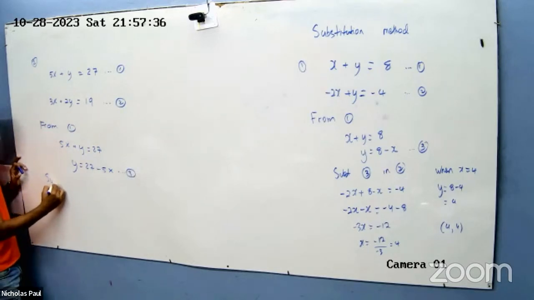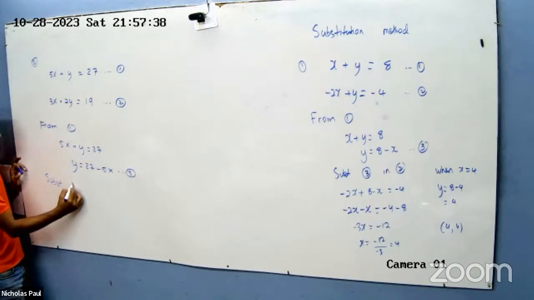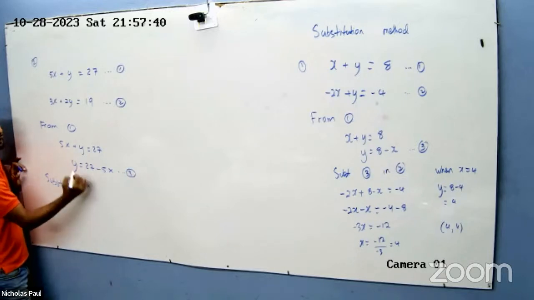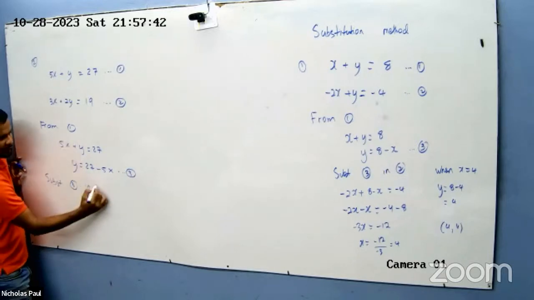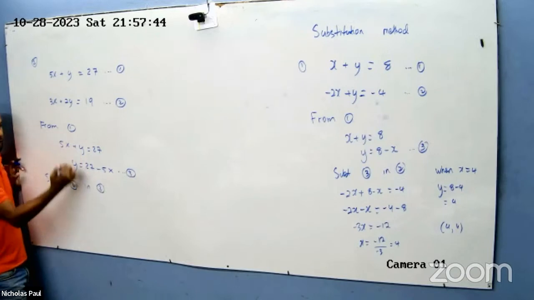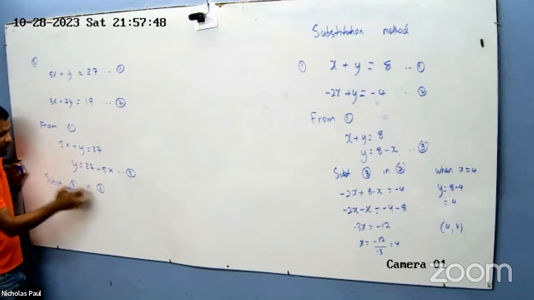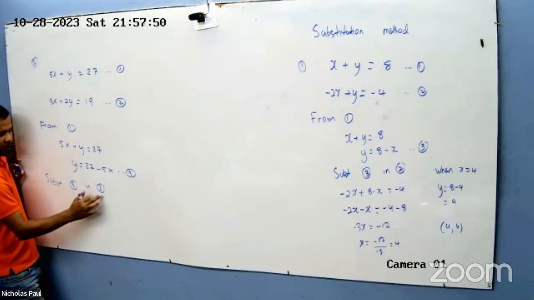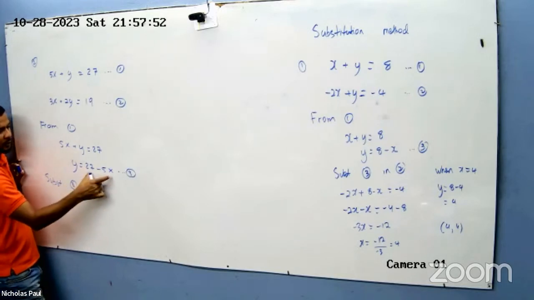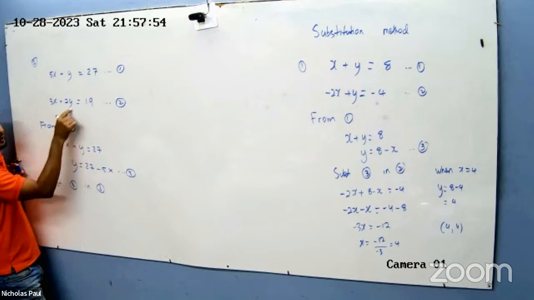I am going to substitute equation 3 in equation 2. I used 1 here, so you have to use the other equation here. If you use 2 here, then you use 1 here. So I'm going to substitute this in this.